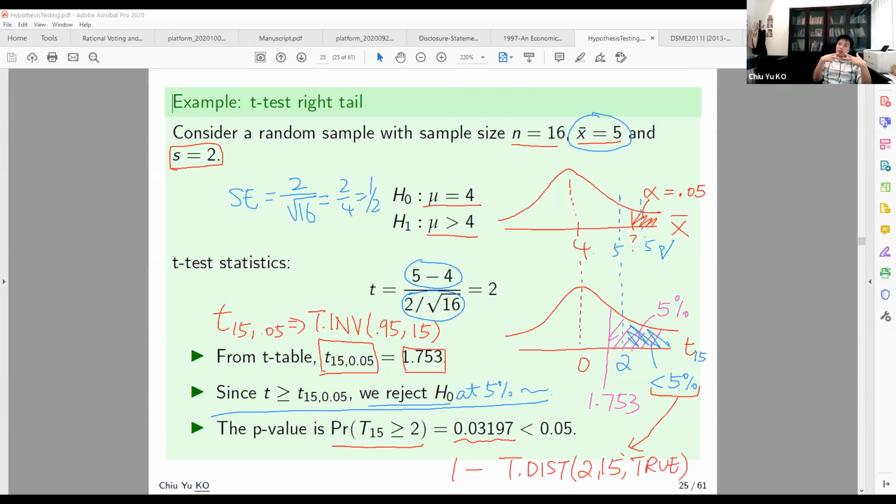If you are checking whether, for example, a candy is less than that, which will be problematic, then you use less than. It depends on the situation. If I don't give it to you directly, you have to infer by yourself. Otherwise, you'll be given it. Then you make the decision on one tail or two tail. I think it should be clear.